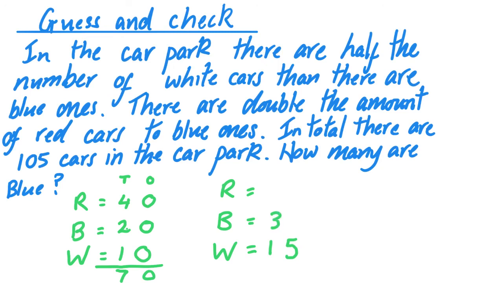So if there were 30 blue cars, half of that would be 15, so that works. Again, I'm being really careful to keep everything in the right place value column, so that when I have to add them up, it makes it easier. Finally, there are double the amount of red cars, or double 30 is 60.